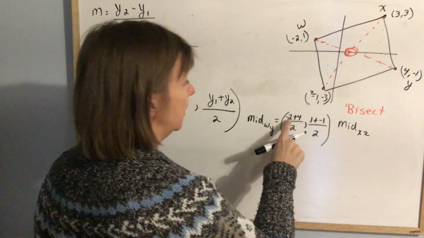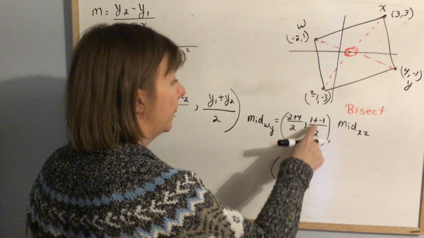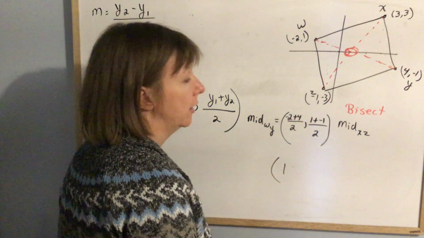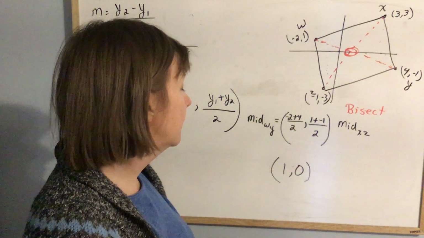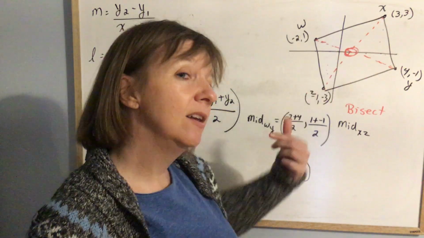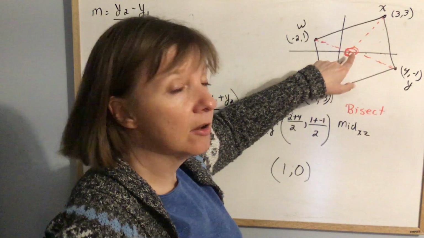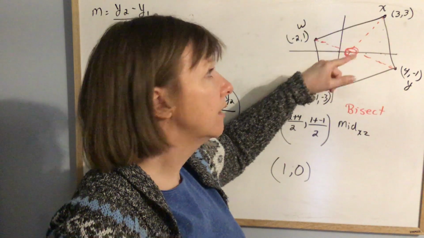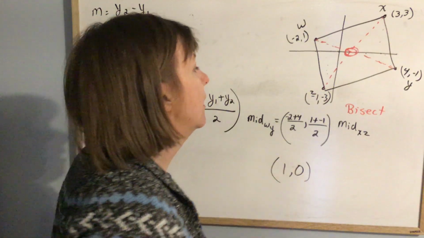So what does that give me? -2 plus 4 is 2, divided by 2 is 1, and 1 plus -1 is 0, divided by 2 is 0. So it says the point should be 1 and 0, and by graphing it, I kind of know whether that makes sense or not, because it does look like they kind of cross over 1 and at 0. So far this seems to make sense.